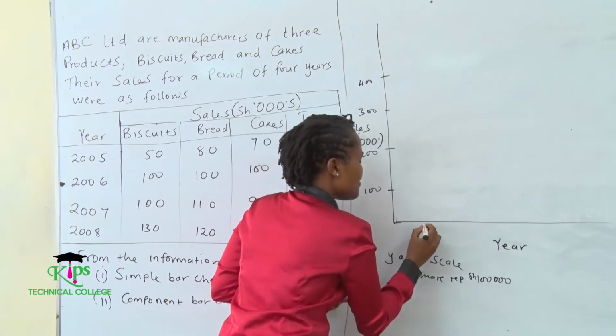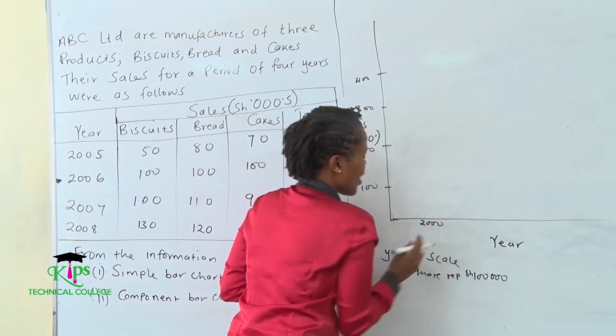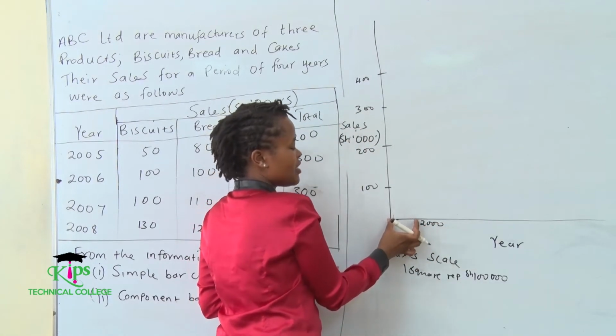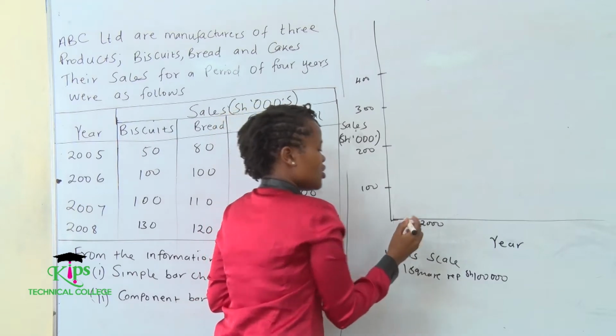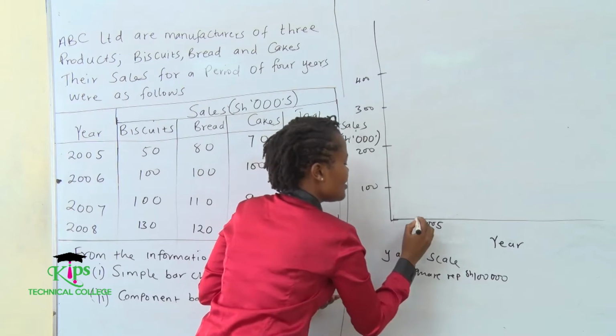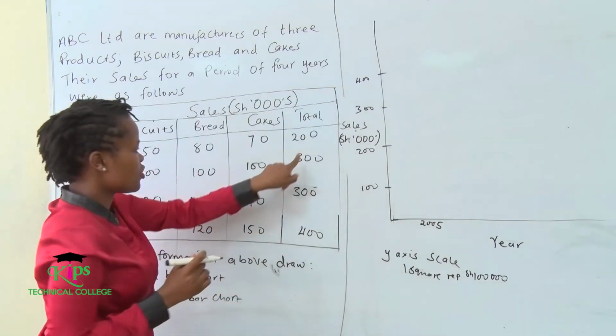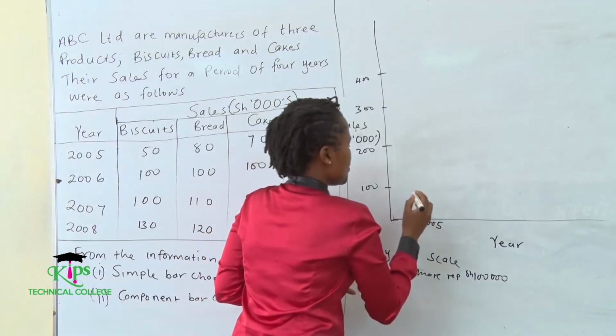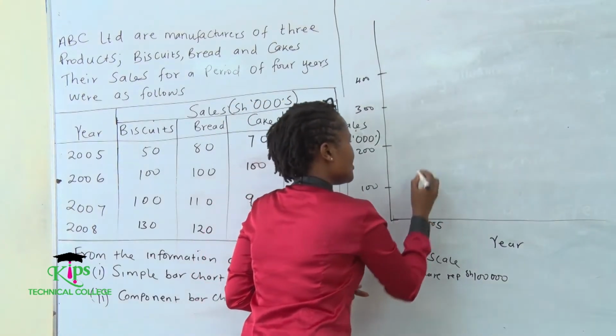For 2005, I will leave a space in between my bars. So here I will have 2005, and the total is supposed to be 200. So my bar is supposed to go up to 200.